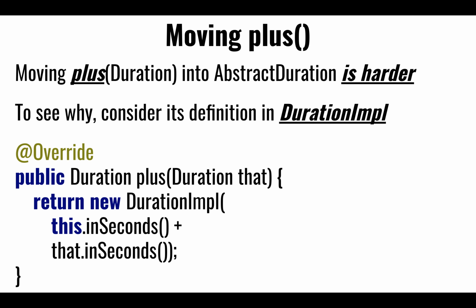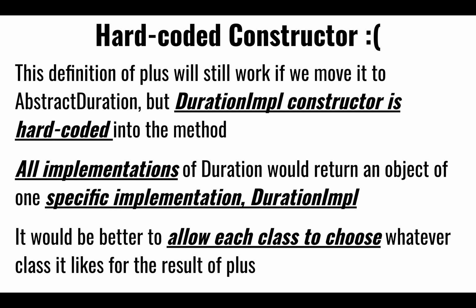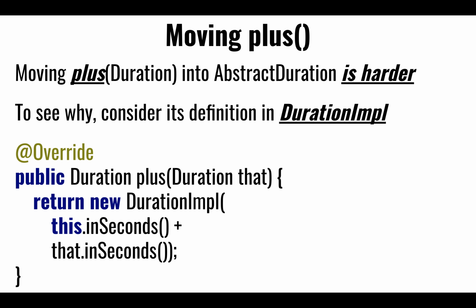The only problem with this implementation is that we have duration impl hard coded right here. So it's hard to move it outside, to a different class where you don't have duration impl, moving it up to an abstract implementation.